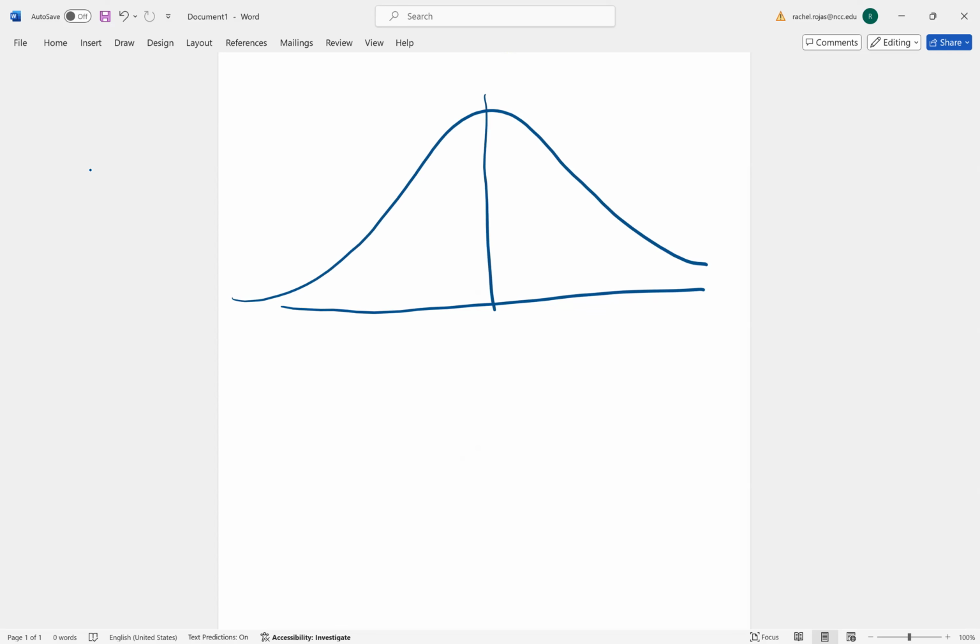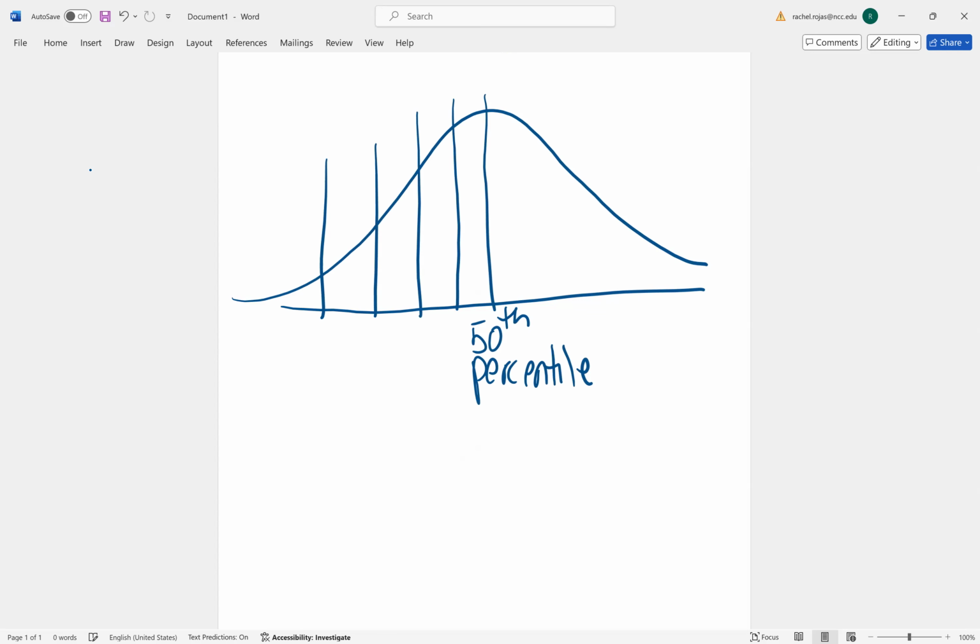If I were to take a symmetric distribution and cut it right down the middle, that would be the 50th percentile mark, right? And then let's say we wanted the 40th percentile. The 40th percentile would be to the left of that, then 30, then 20, then 10, right? So this would be the 10th percentile, 20th, 30th, 40th, 50th.